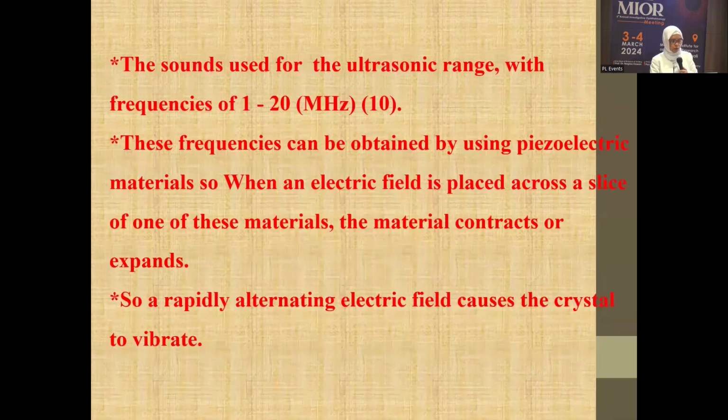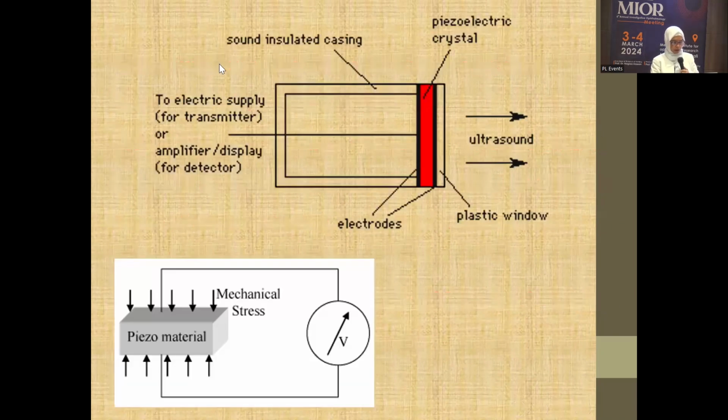These sounds used are in the ultrasonic range, with frequencies from 1 to 20 megahertz. These frequencies can be obtained by using piezoelectric material. So when an electric field is placed across a slice of one of these materials, the material will contract or expand. So a rapidly alternating electric field causes the crystals to vibrate. These are the crystals.